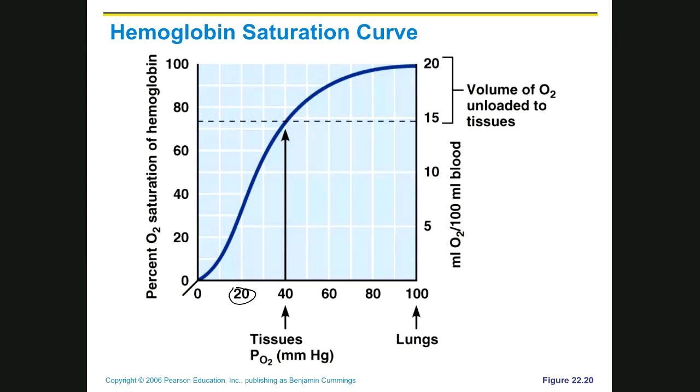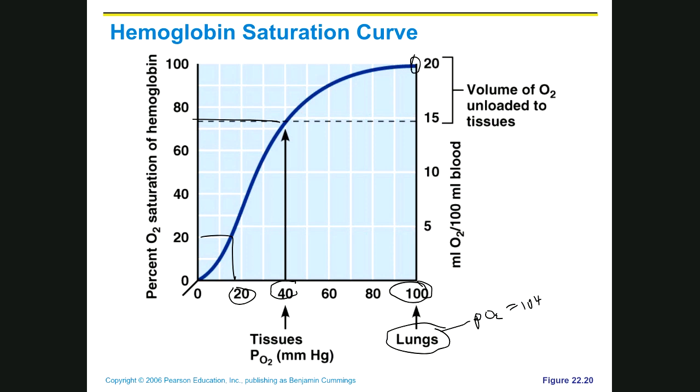Basically this much. But when I get here, this much has it. And when I get to 100, it's about what it is in the lungs. Remember, it's about 104, 105. 100% of the hemoglobin gets filled up with oxygen.